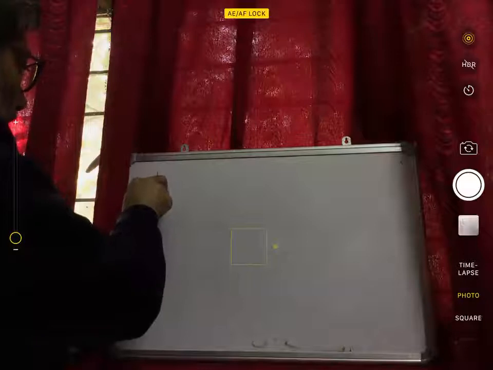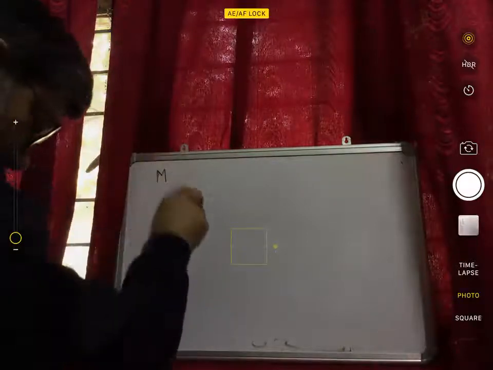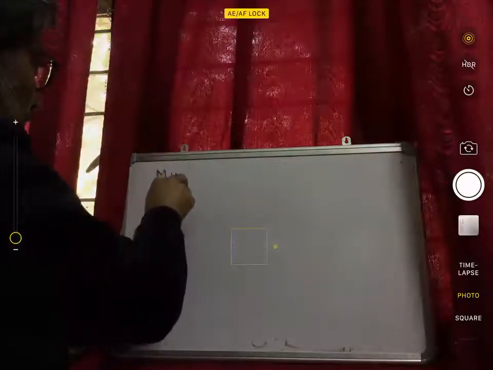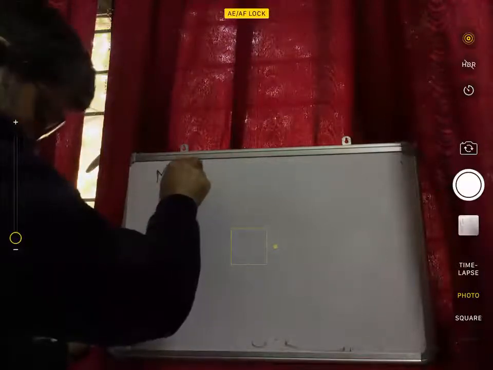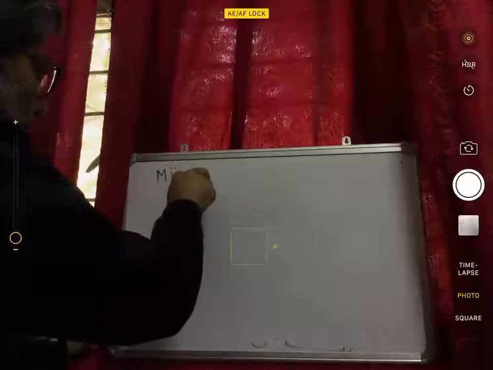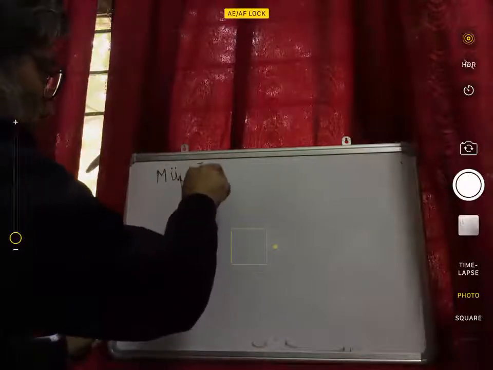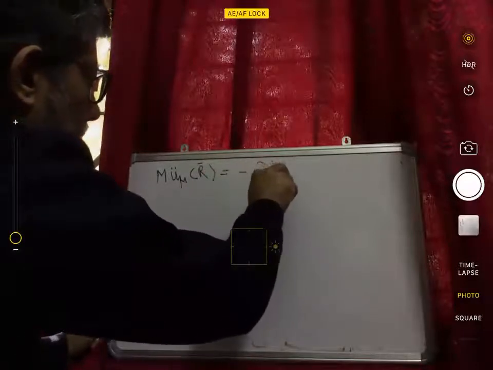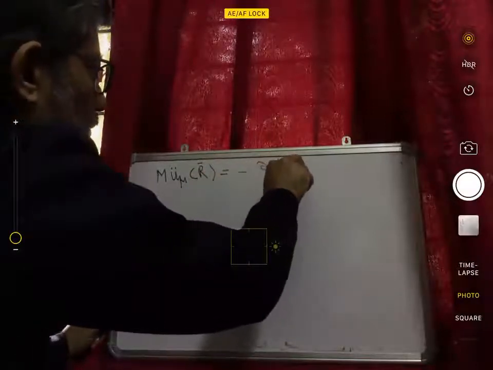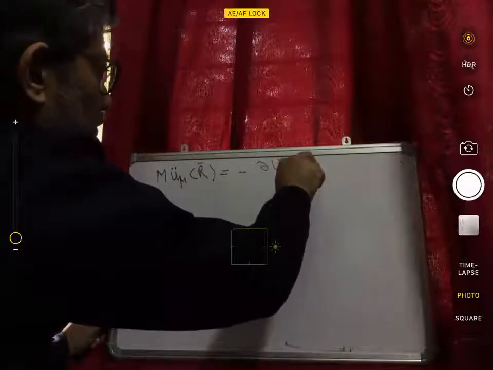So m is the mass of an atom. So u in the harmonic approximation.